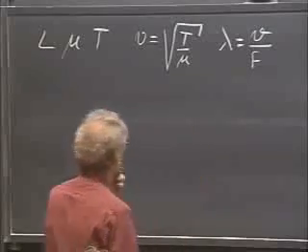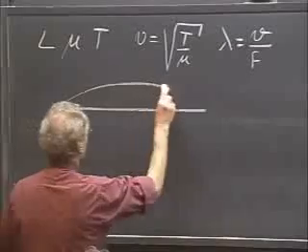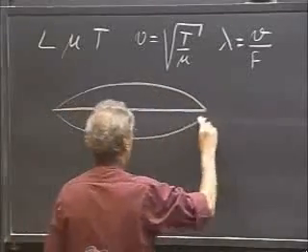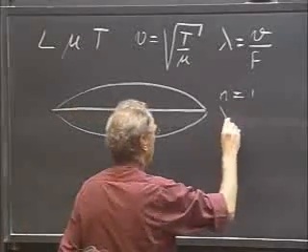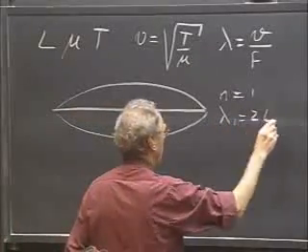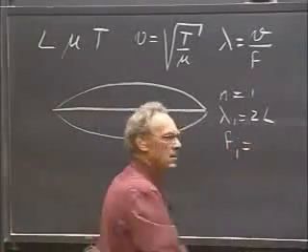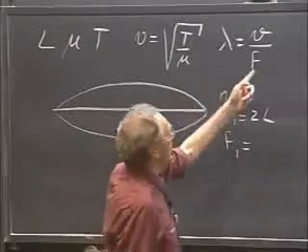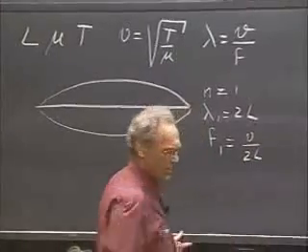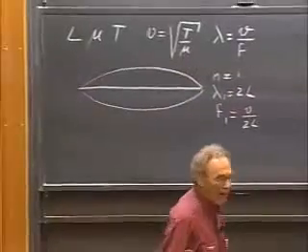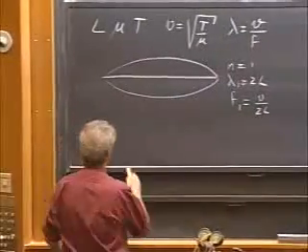And so in its lowest mode, we call that the fundamental, first harmonic, you will get this situation, n equals 1, and lambda 1 is then clearly 2L, if this length is L, and the frequency is then V divided by 2L. So that's the frequency for the lowest possible mode, first harmonic.